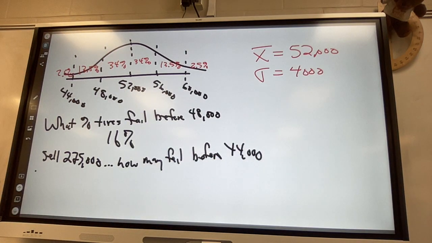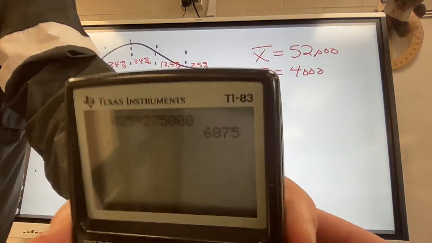So you would find the percent that fail before 44,000. You'd look here and go down, that's 2.5%. So you'd take 0.025 times 275,000, and it's 6,875.